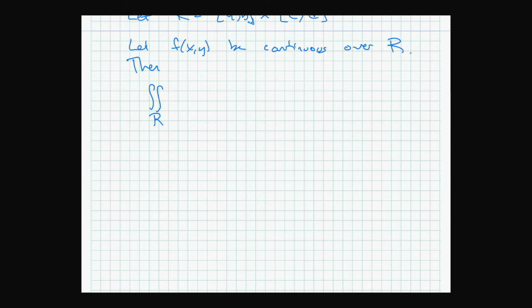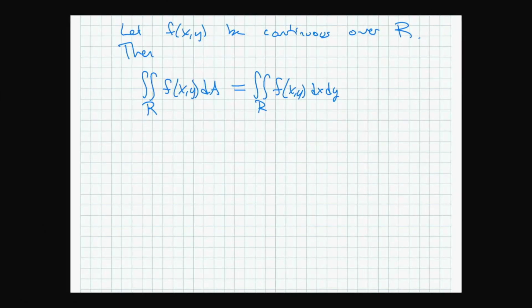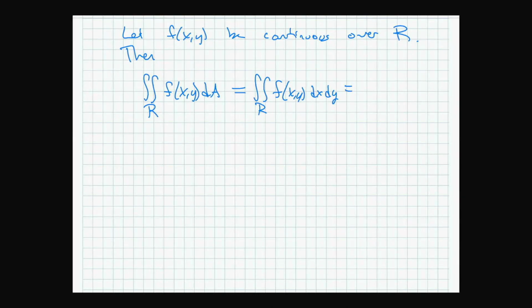The double integral of f of x, y dA, which was in our definition of what a double integral is, can be calculated as the double integral over R of f of x, y dx dy. Of course, we know that because dx dy was what we started with. But it's actually an iterated integral.